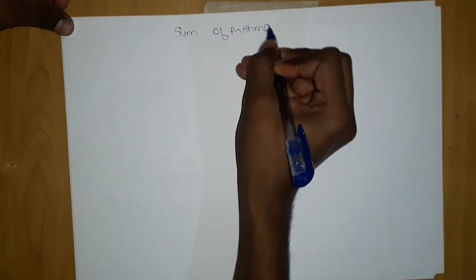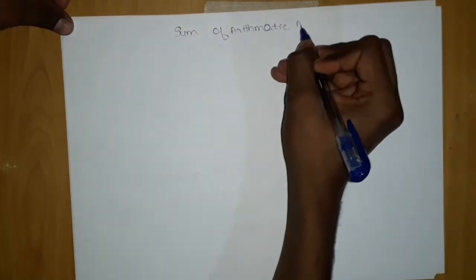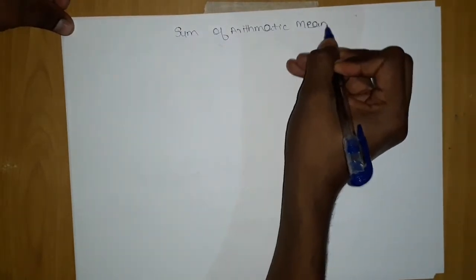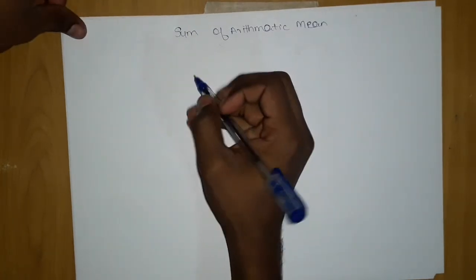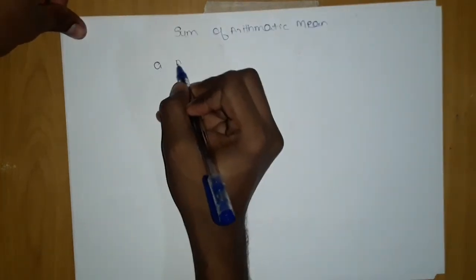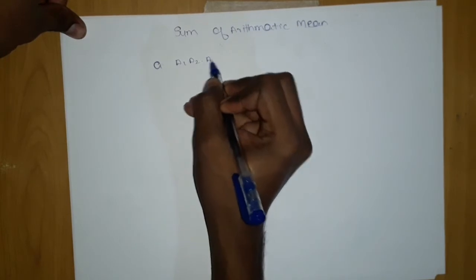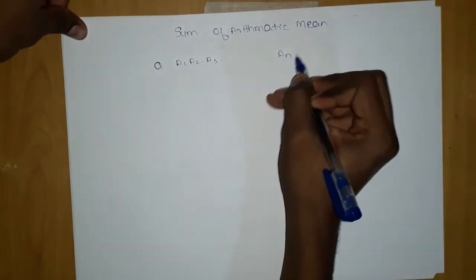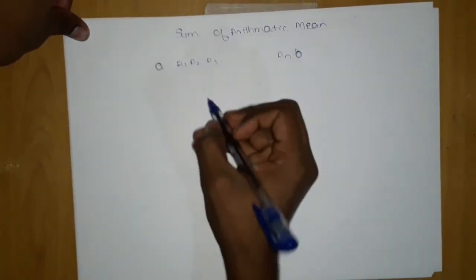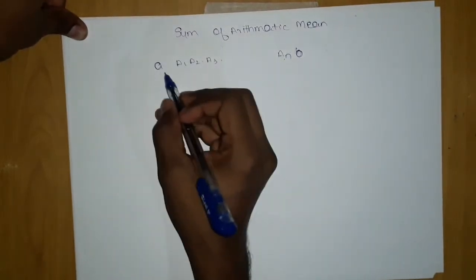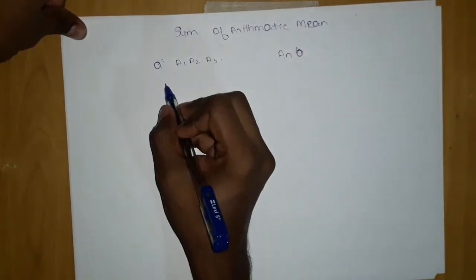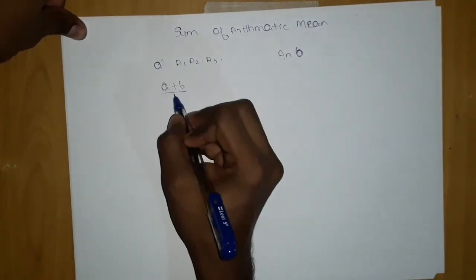Okay, so arithmetic mean sum. If I take a1, a2, a3, till an, and here it is b. Now AM can be taken: if I take the first and second term and divide it by 2, its AM will be equal.